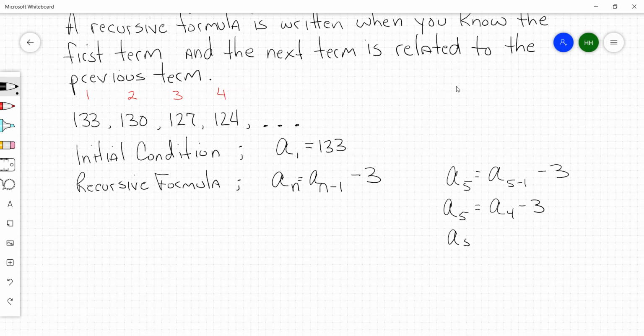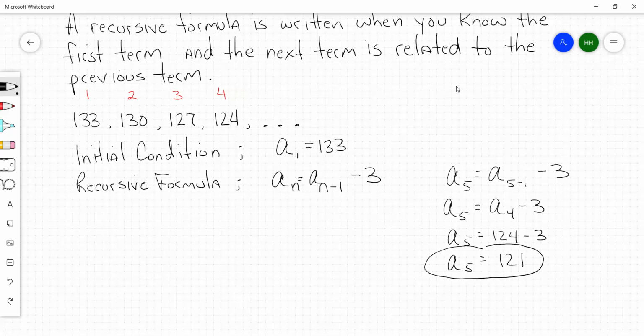So your a sub 5 is equal to your 4th term in the sequence, 124, minus 3. So again, your a sub 5 is equal to 121. But you didn't need to use a formula to figure that out.